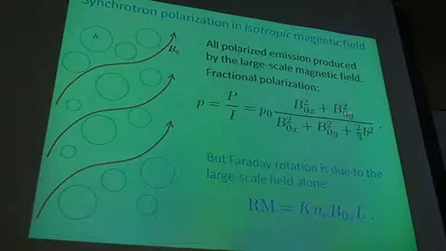Meanwhile, the unpolarized emission, I, also includes the corresponding components of this small-scale magnetic field. But the Faraday rotation is only sensitive to the large-scale magnetic field, right? Because it contains the integral of the first power of the magnetic field.